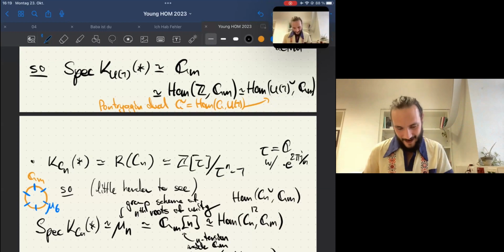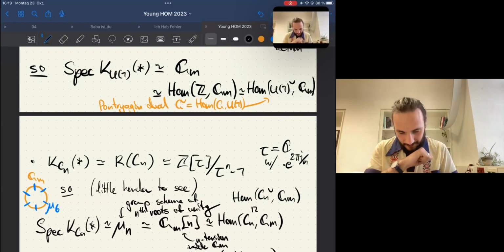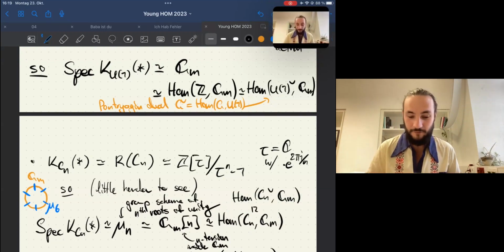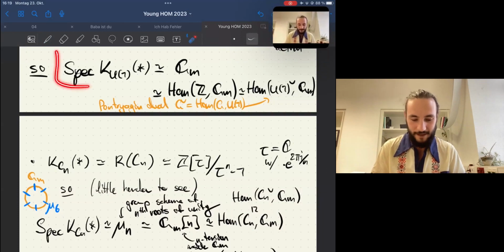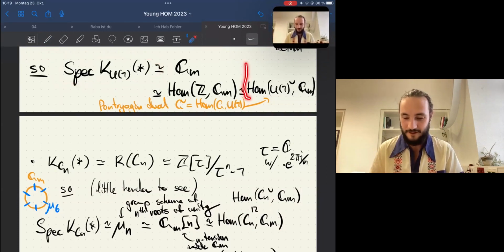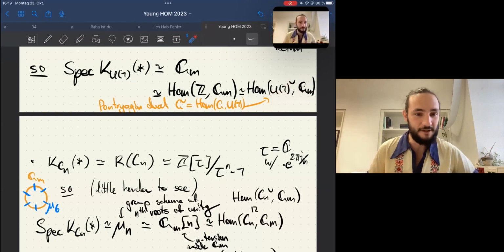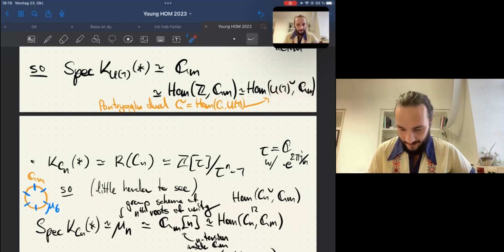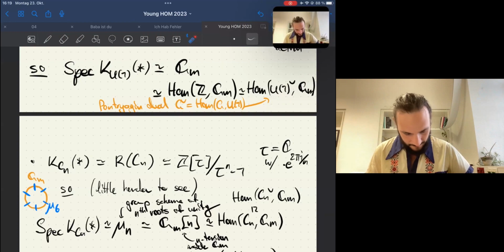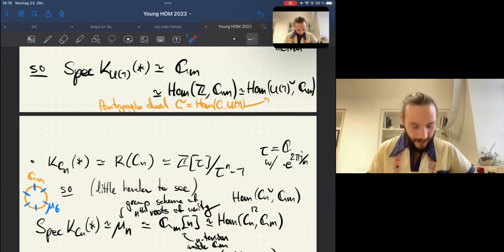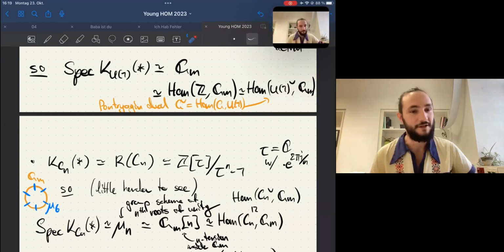Sorry about that. Okay, so yeah, we now have kind of a uniform description for what Spec of this K-theory is. We just take Hom, we take the group we want, we take its Pontryagin dual, and we chuck Gm there. What Hopf structure on K-theory are we taking? Good question.